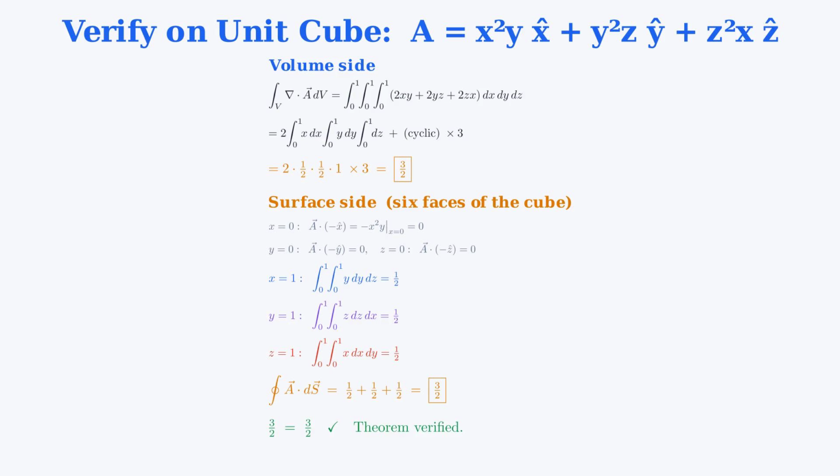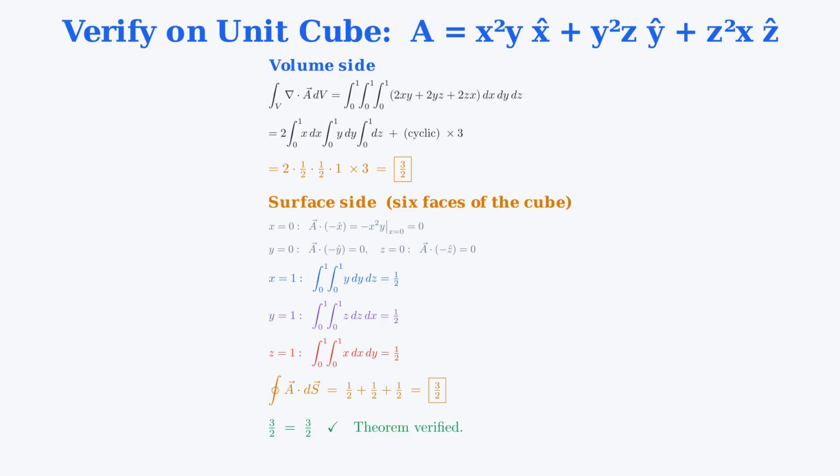The integrals separate: 2 times the integral of x from 0 to 1, times the integral of y from 0 to 1, times the integral of dz from 0 to 1. That is 2 times 1/2 times 1/2 times 1, which is 1/2. 3 identical terms gives 3 halves, so the volume side is 3 over 2.